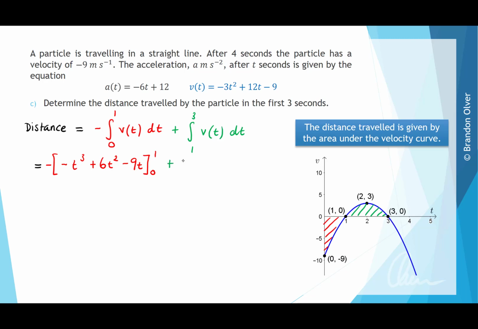And then we're going to add on the same antiderivative, which is minus t cubed plus 6t squared minus 9t, and we're going to evaluate that between 1 and 3 for the second area that we need.